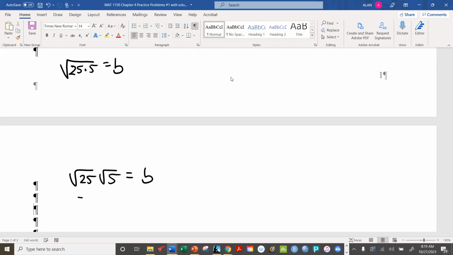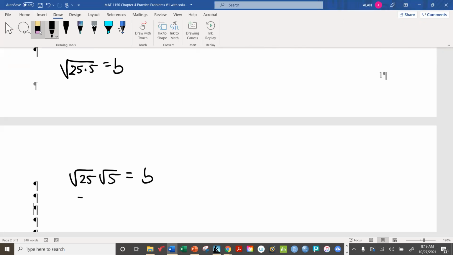The reason this is so helpful is because I can rewrite this now: 5 radical 5 equals b. All right, now that's not a very messy expression.